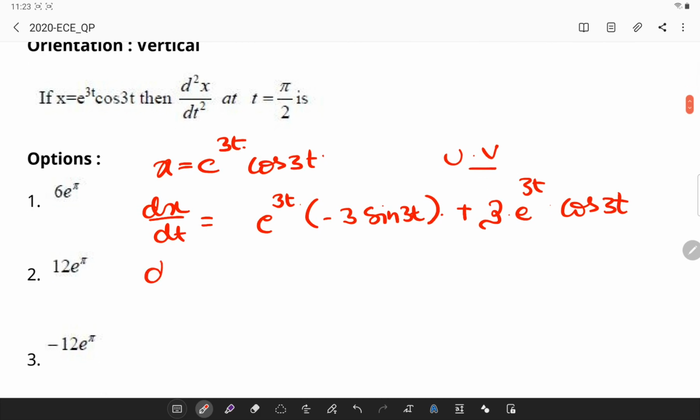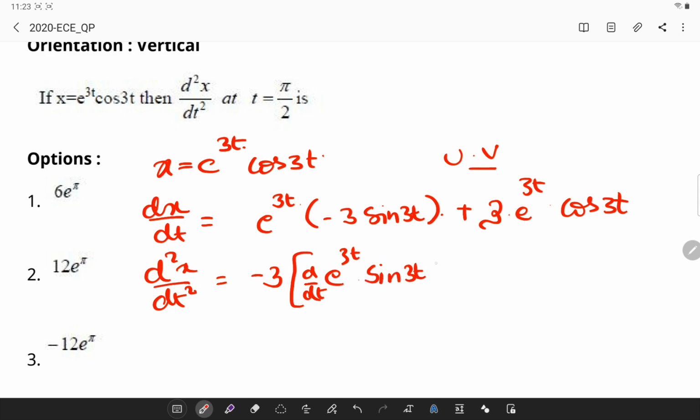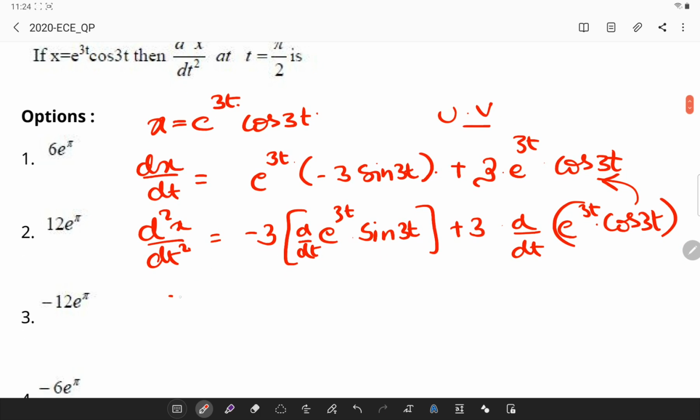Now again I have to do derivative of this, d square x by dt square, which is minus 3 I'll take common, and d by dt of e power 3t into sin 3t. Similarly, here I will be having plus 3 times d by dt of e power 3t into cos 3t. So this I have calculated in the earlier step, so I'll have only this part.